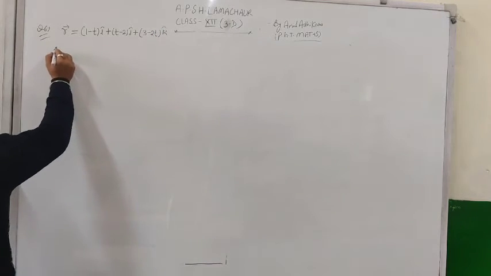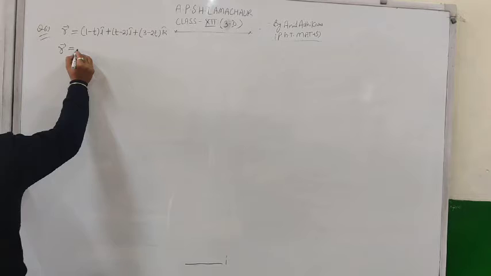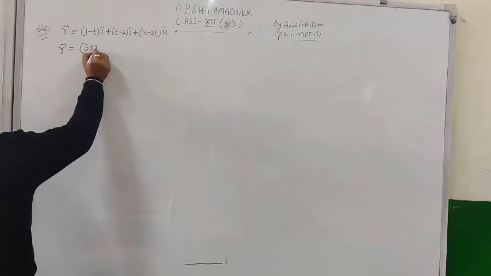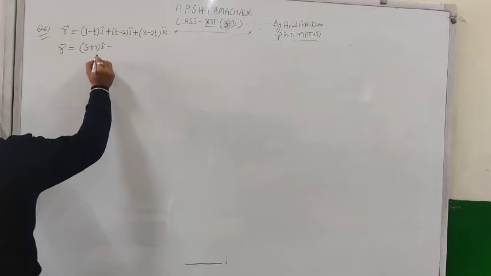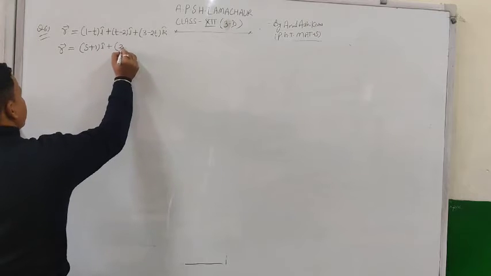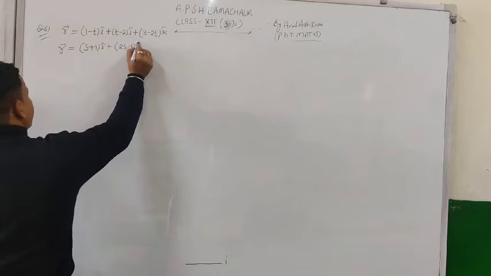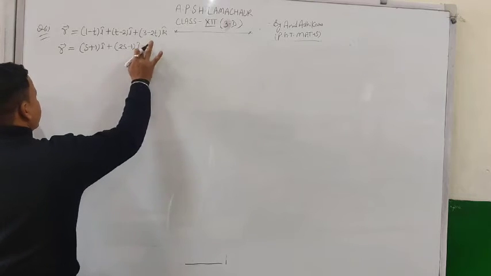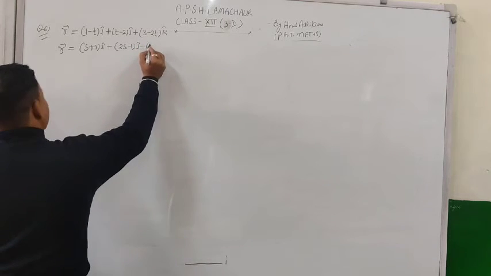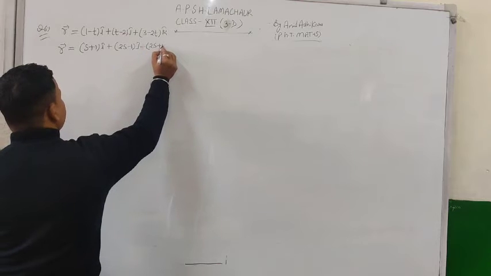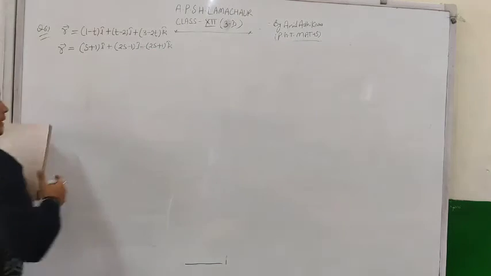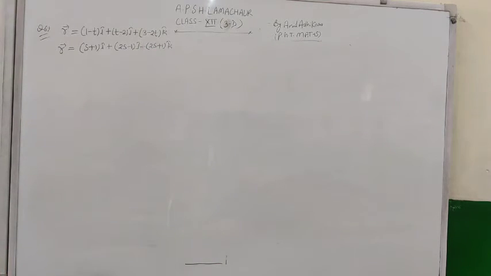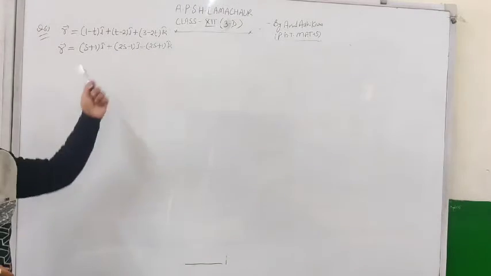And the second vector equation of the line is given as r vector equals (s plus 1) i cap plus (2s minus 1) j cap plus (minus 2s plus 1) k cap. So what we have to do here, beta, is find the shortest distance between the two given lines.